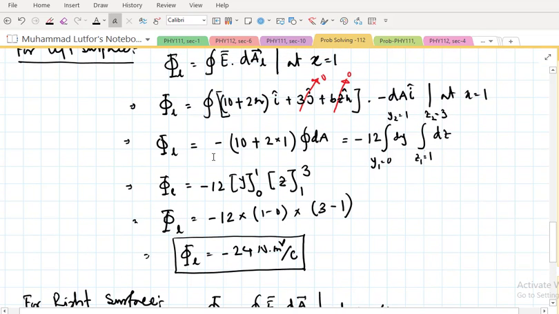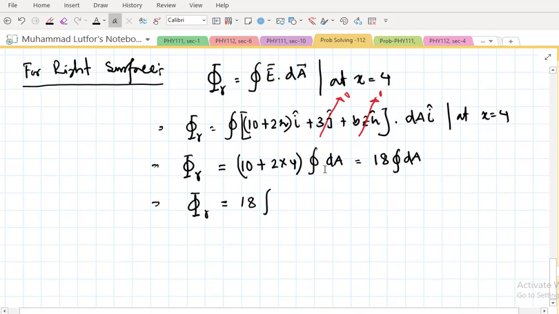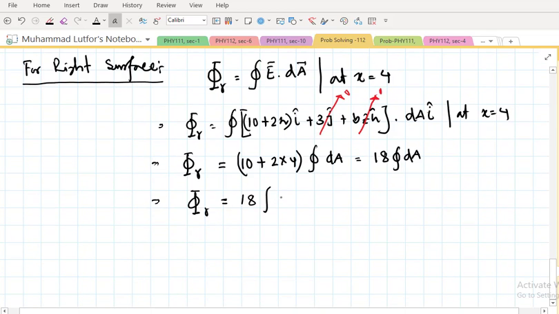The same as for this left surface, y and z, right? It should be dy into dz, and that would be y1 equal to 0 to y2 equal to 1 and z1 equal to 1 to z2 equal to 3. That's the limit.